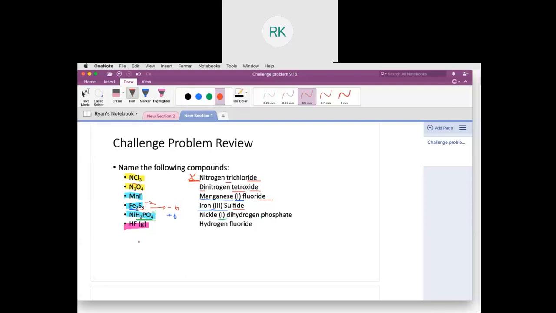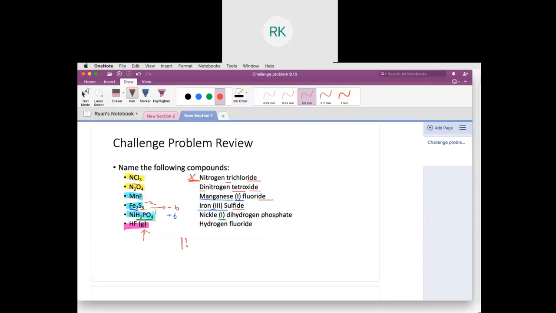Now coming to this last one, HF might look like an acid to us at first, but remember, acids must be in the aqueous condition, right? And this is a gas. So because it's a gas, it is named hydrogen fluoride. Hydrogen fluoride because it is a gas.